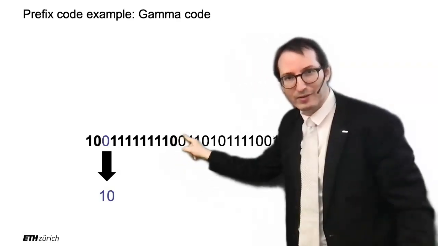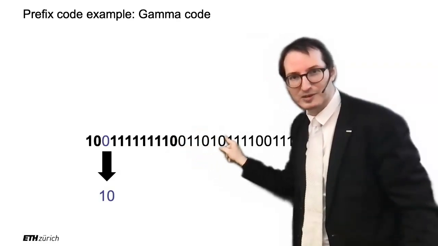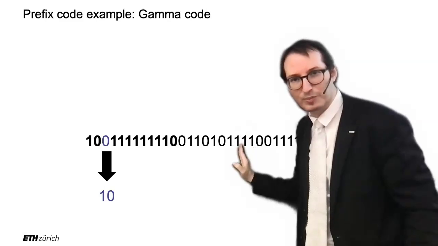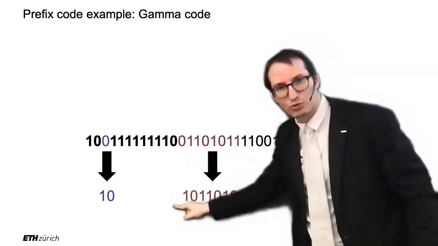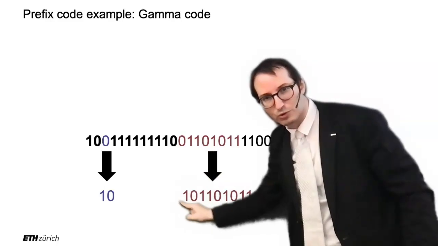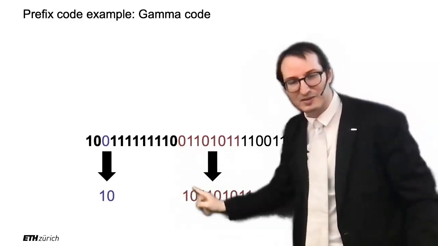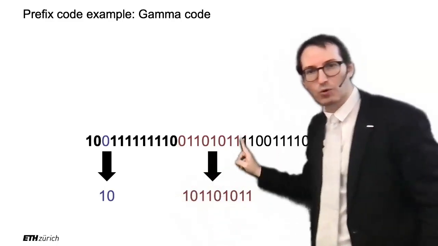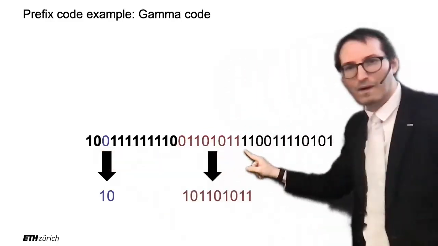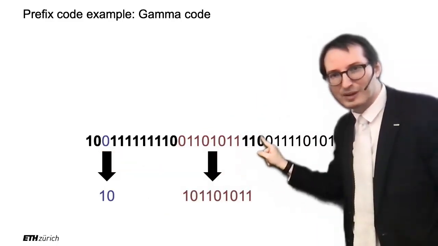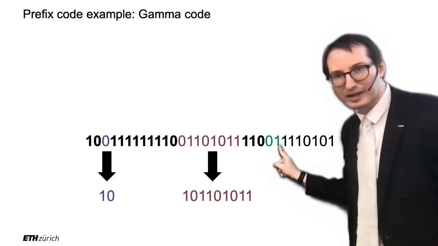So now I count 1, 2, 3, 4, 5, 6, 7, 8, and I know I stop here, right? So now I can just take that over. I just need to always add back the 1 on top of it, but I take these bits, and this is the number. And I know that I need to stop here because of this sequence of ones that stops with a 0. Then again, 1, 1, 2 of them, so I read 2 more bits here, and that is 0, 1.